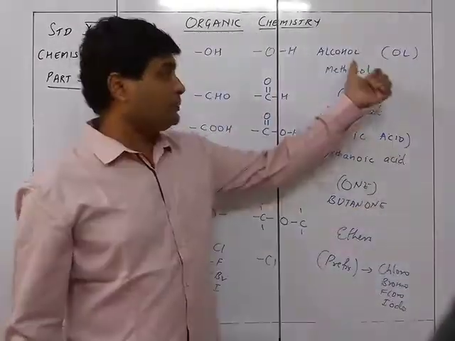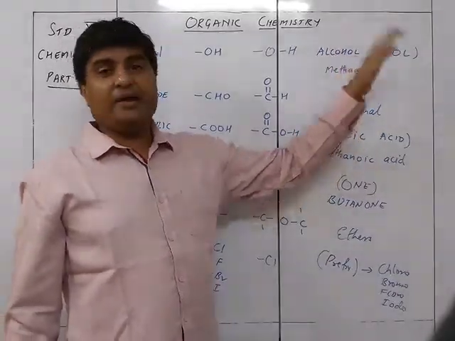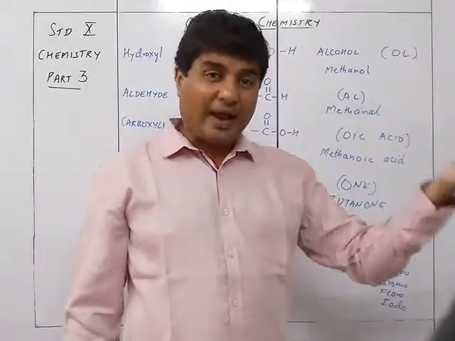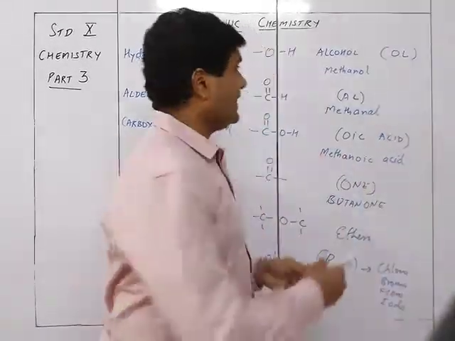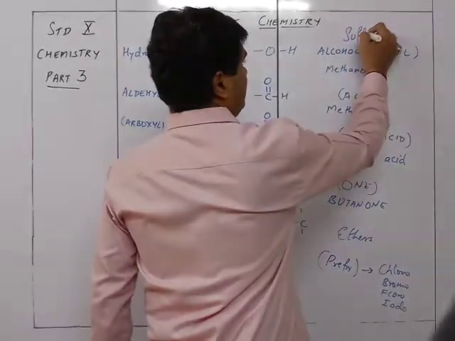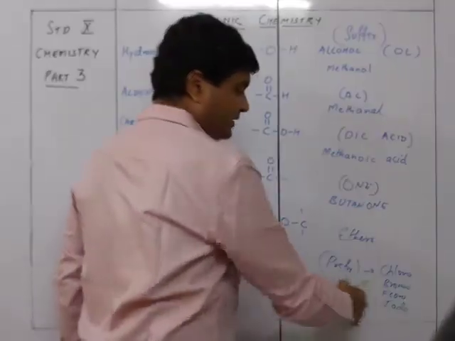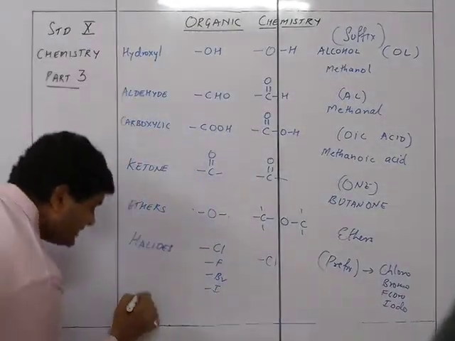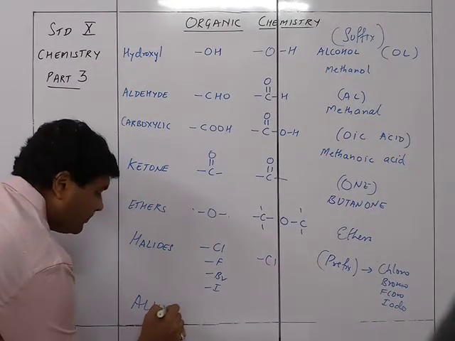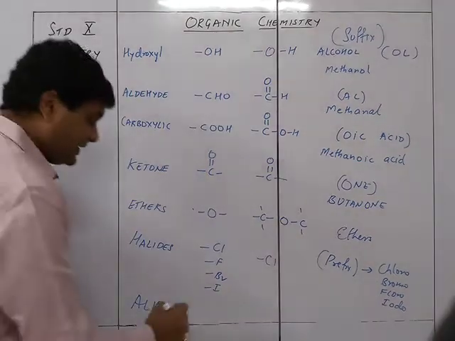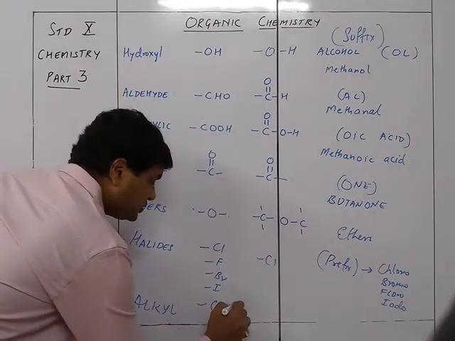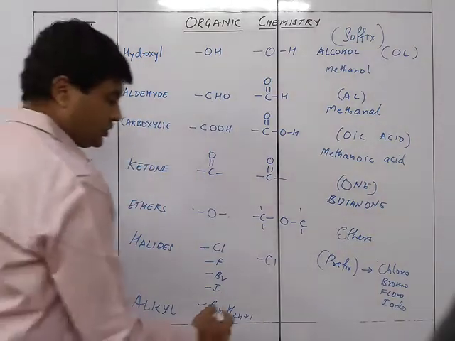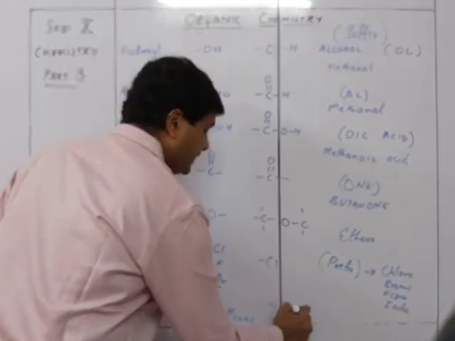See, in this case, they are the suffix, that is methanol, methyl, and so on, something comes at the end of the name. So these are suffixes, whereas these are the prefixes. And of course the alkyls are also a kind of prefix. Alkyls are nothing but CnH2n+1, like it could be CH3 or something like that.